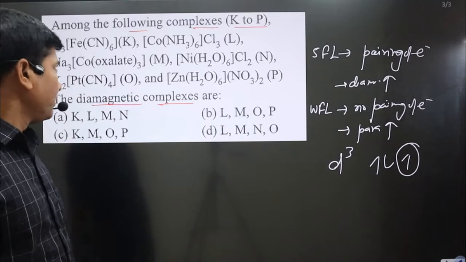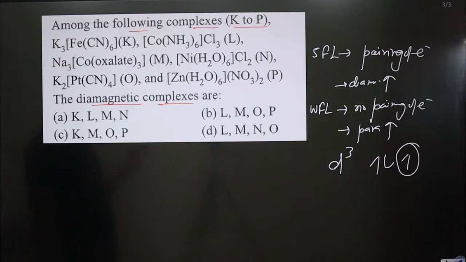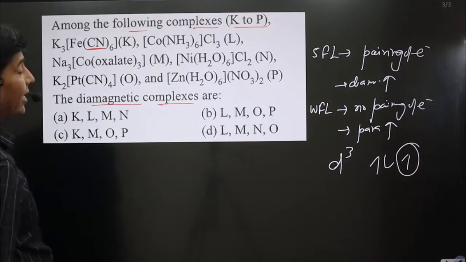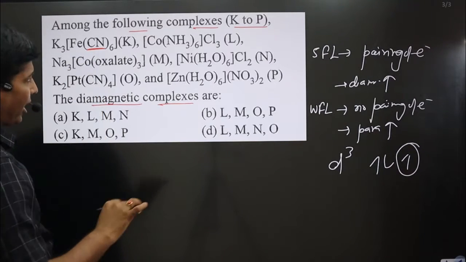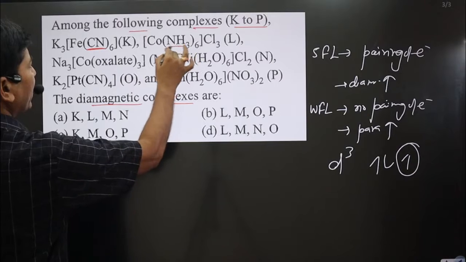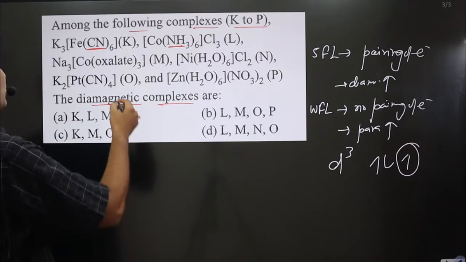Now, first of all, we identify in which complexes we have a strong field ligand. You can see we have cyanide ion. Of course, it is a strong field ligand, so pairing of electrons takes place. In this case, ammonia is there. It is also a strong field ligand, and pairing of electrons will take place. Next, we have oxalate.